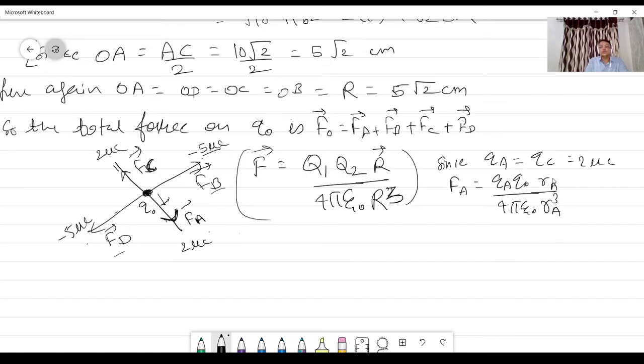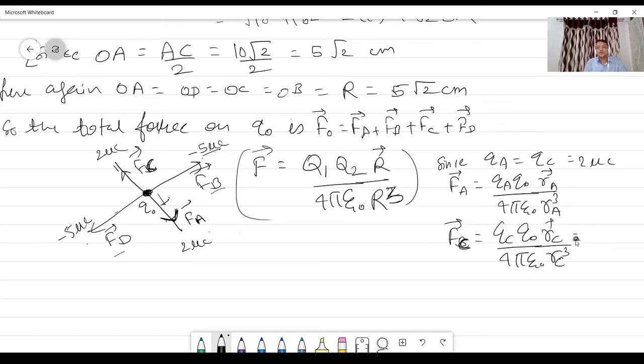Let's suppose that direction is ra for Fa. Similarly, if I write Fc, it will be qc into q naught upon 4 pi epsilon naught, then rc vector upon rc cube.